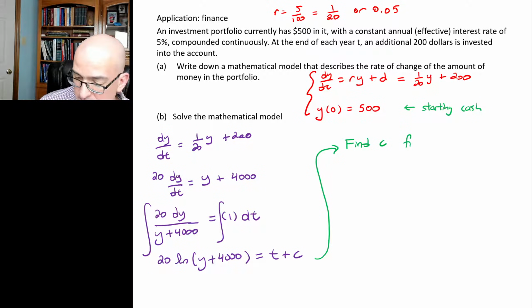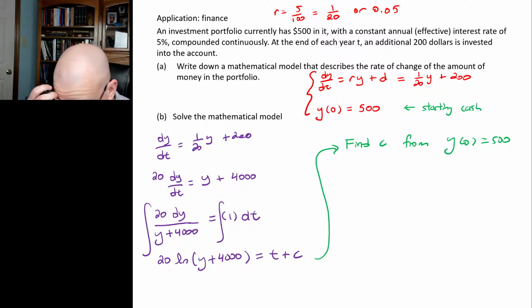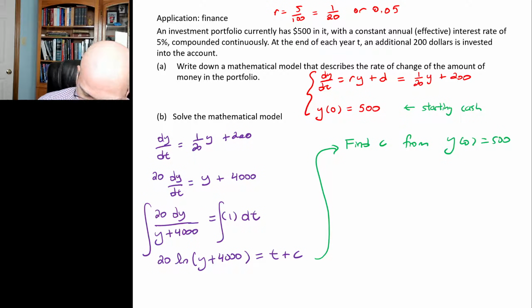from y of 0 is equal to 500. So 20 times the ln of 500 plus 4,000 is equal to 0 plus c.